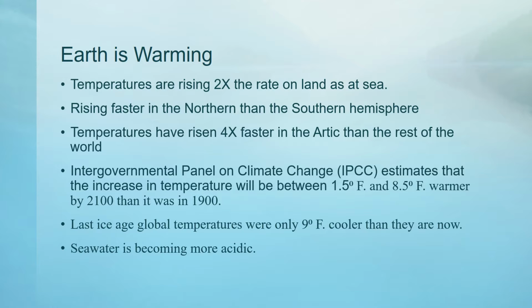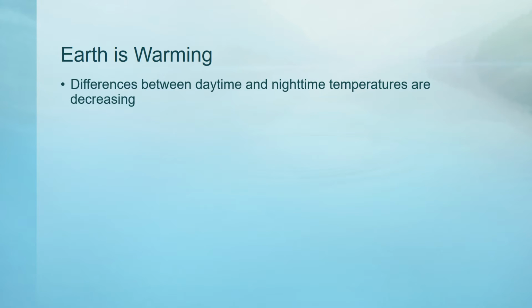And seawater is becoming more acidic. And the Earth is warming. The differences between daytime and nighttime temperatures are decreasing. That's a sign of a warming world. The mid-latitude growing season has gotten longer, so I know there are wineries even in England now that didn't used to happen.